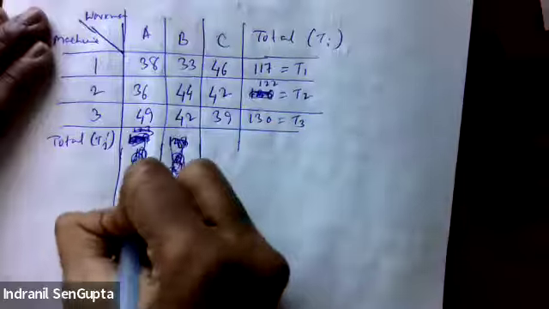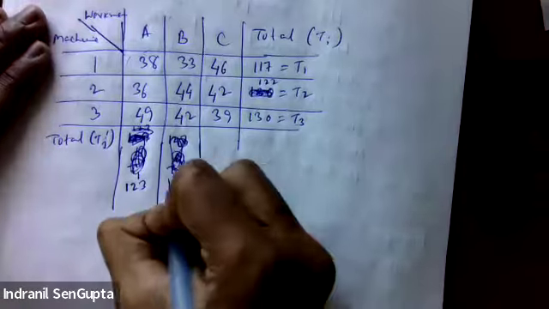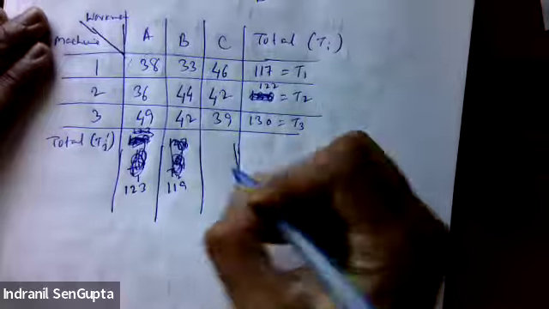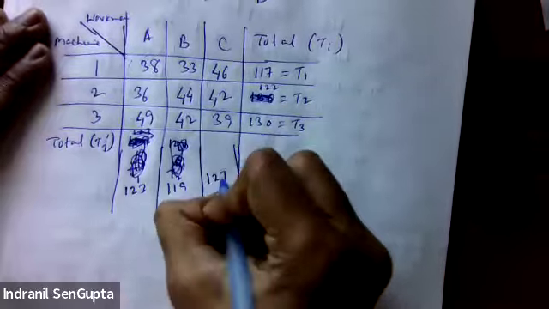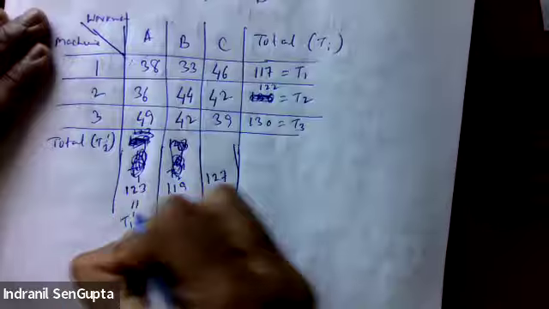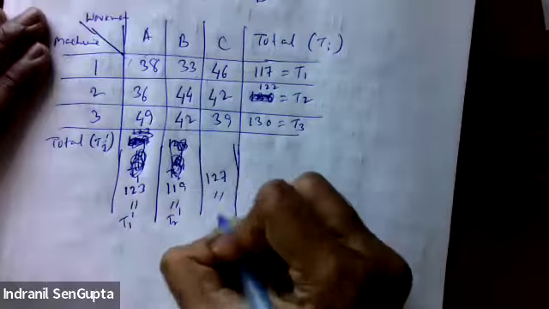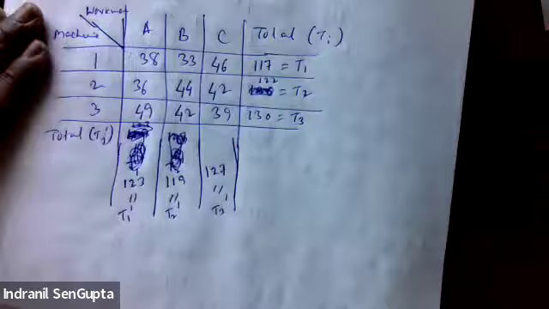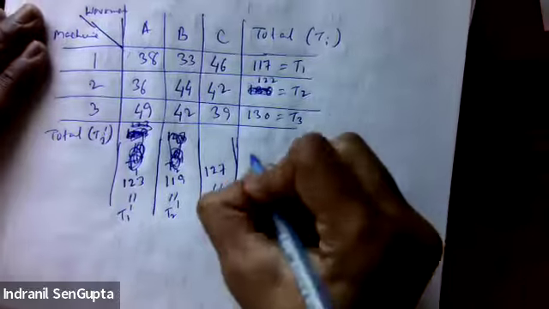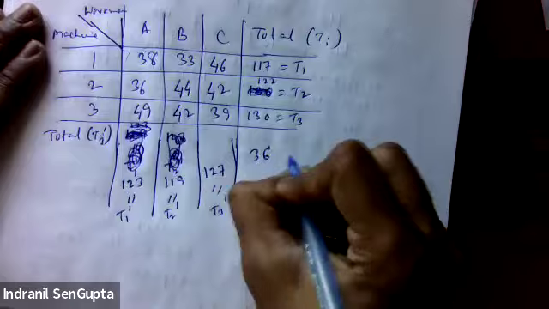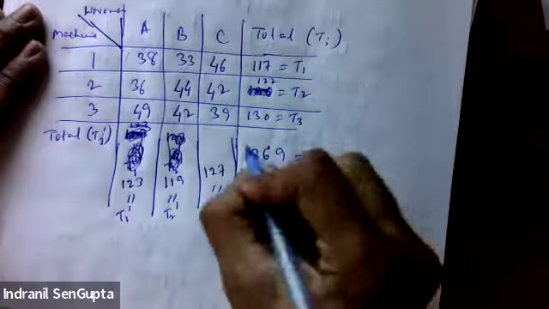So this number is 123, 119, and this number here is 127. So this is T1 prime, this is T2 prime, and this is T3 prime. Now, if you add everything, this is 369. So that is my grand total T.